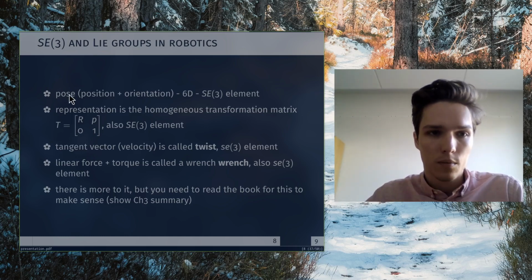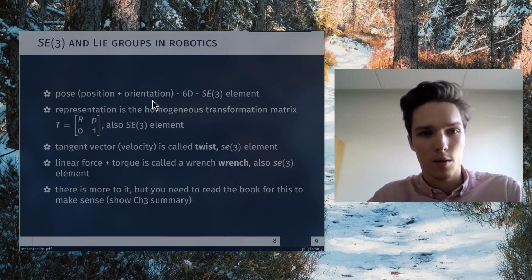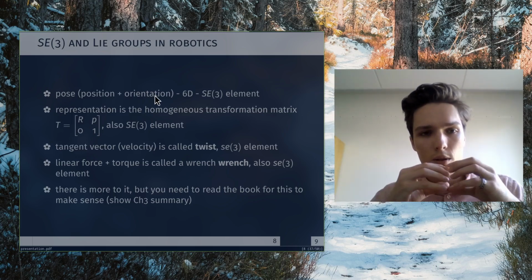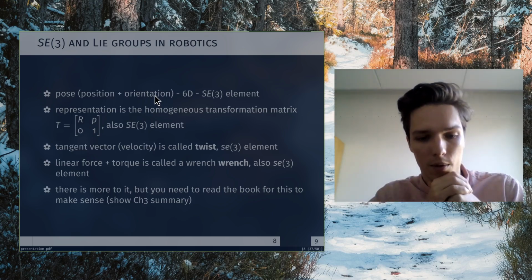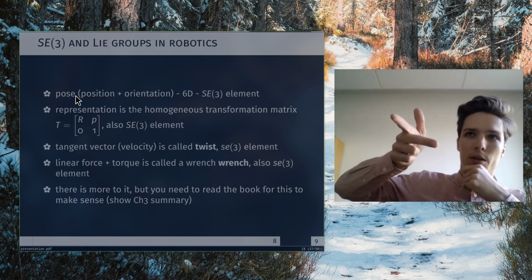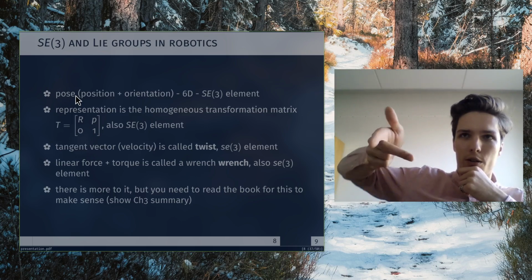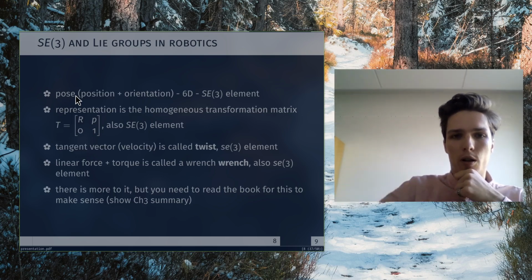So if you combine the 3 dimensions of position plus 3 dimensions of orientation, so you combine an element of R3, the 3-dimensional normal vector space, and you stick to it an element of the SO3 group, so a rotation matrix in 3 dimensions, then we would have this element. And for us, that's the pose of the robot. So I'm not changing the position, but I am changing the orientation of my end effector, my hand. And we'll call this the pose.